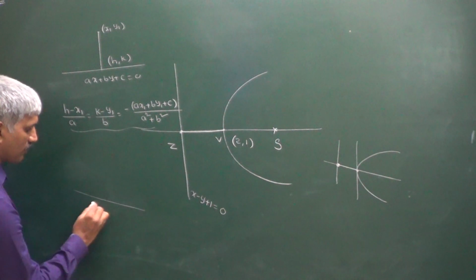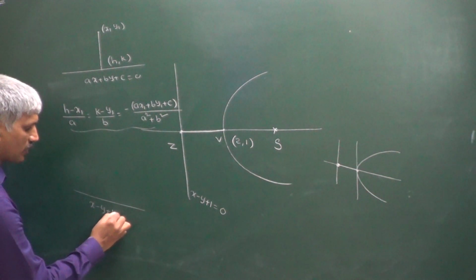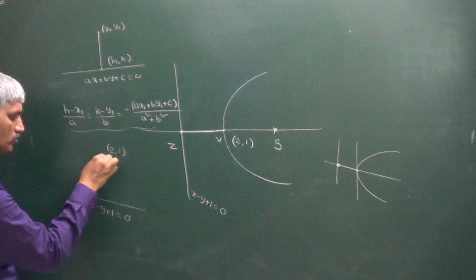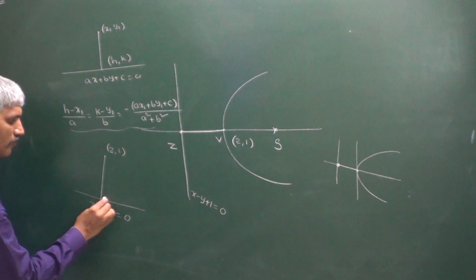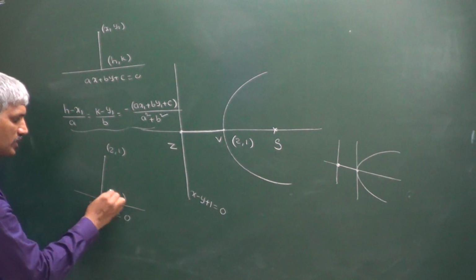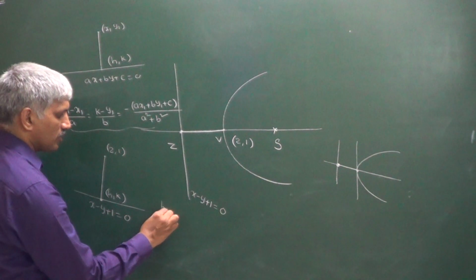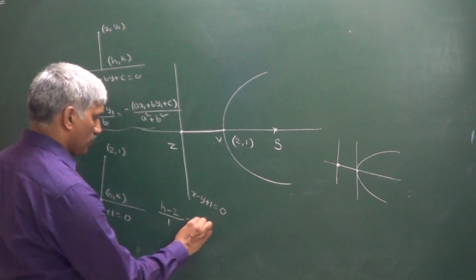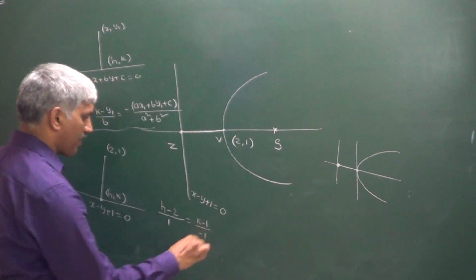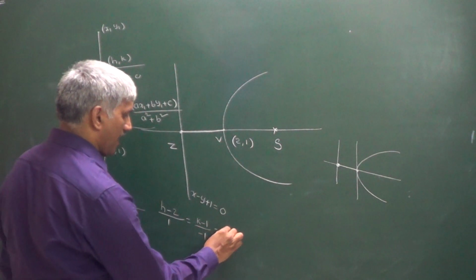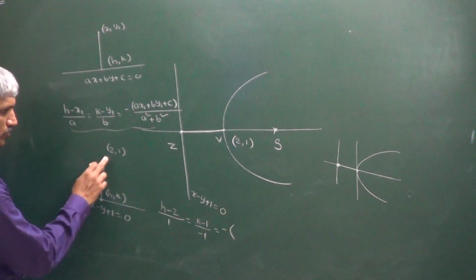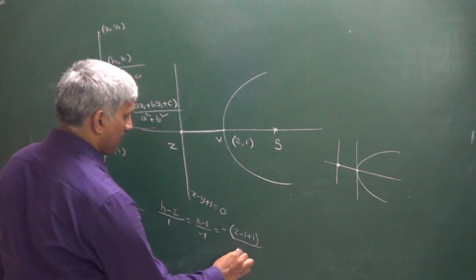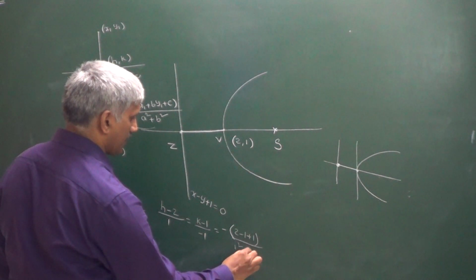The line equation is x minus y plus 1 equals 0 and the point is (2, 1). From the point (2, 1) onto this line we have to find the foot of the perpendicular, say (h, k). Now (h minus 2) divided by 1 equals (k minus 1) divided by minus 1 equals minus of (2 minus 1 plus 1) divided by (a square plus b square).